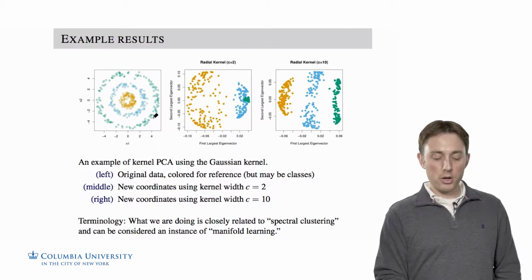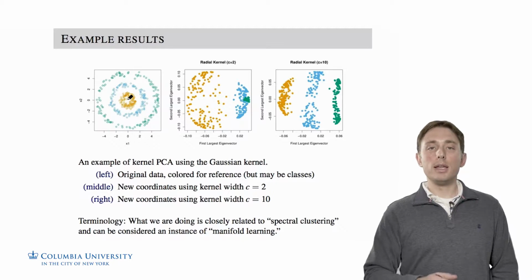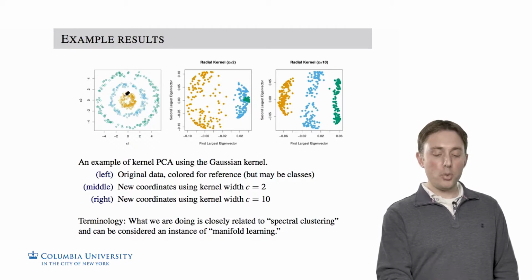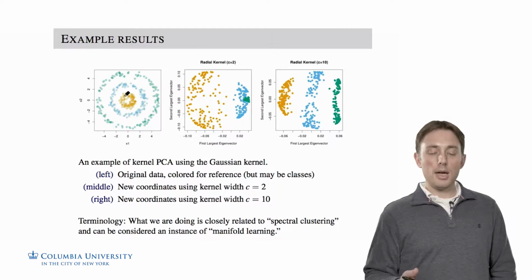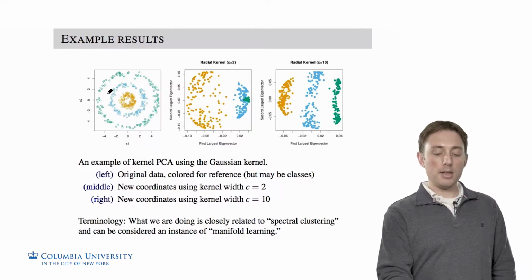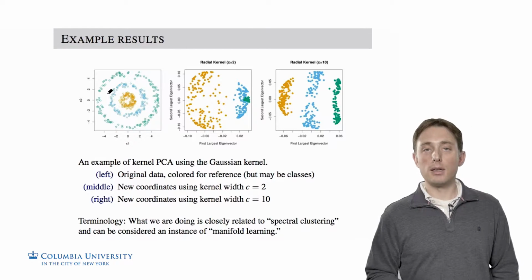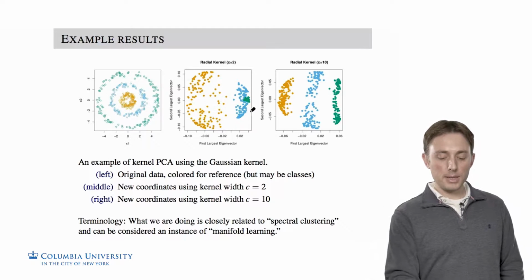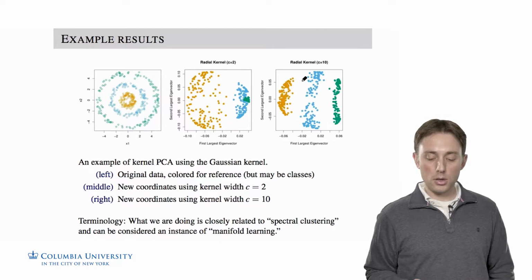What these plots are showing is taking each of these data points and calculating the pairwise kernel matrix using a Gaussian kernel, and then using that n by n kernel matrix and projecting onto its first 2 eigenvectors and eigenvalues. And we get something like this. Of course, depending on the kernel width, you'll get different results. I'll just focus on this one, which has a good kernel width.